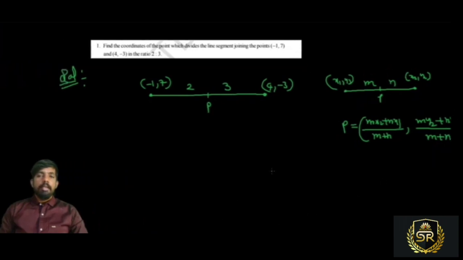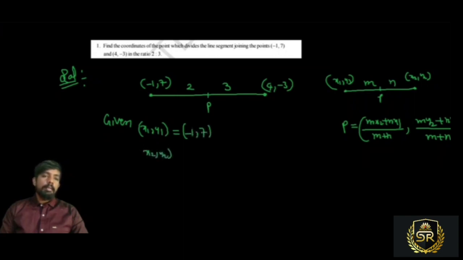Here x1 comma y1 is minus 1 comma 7 and x2 comma y2 is 4 comma minus 3, and m is to n is 2 is to 3. So from here we can find the point P.